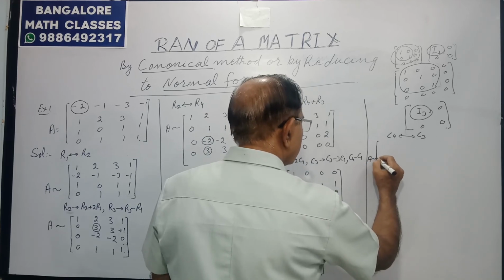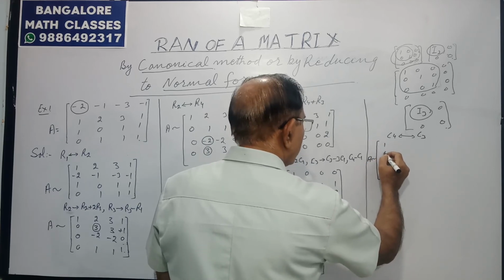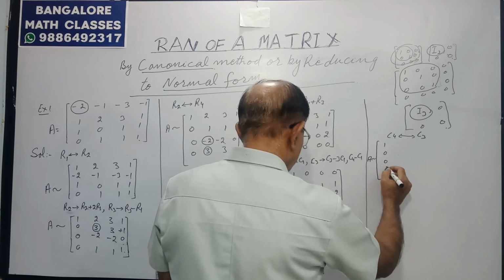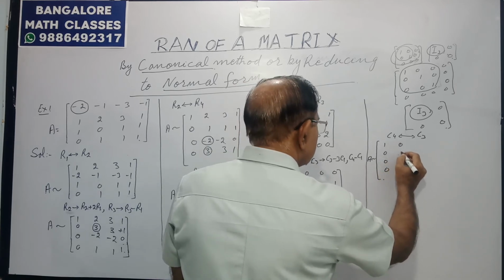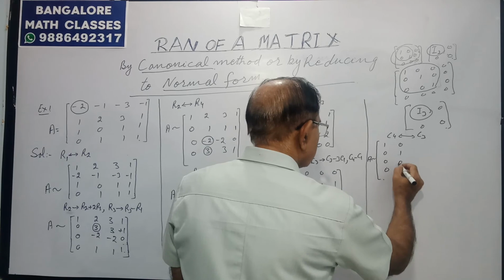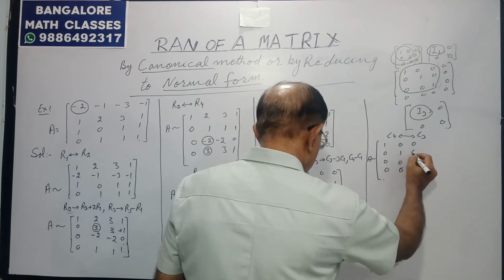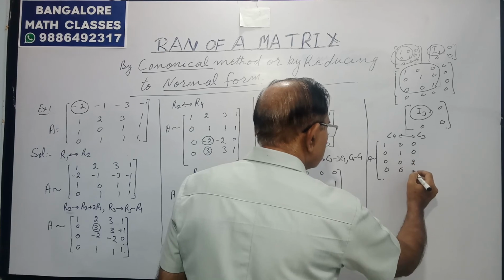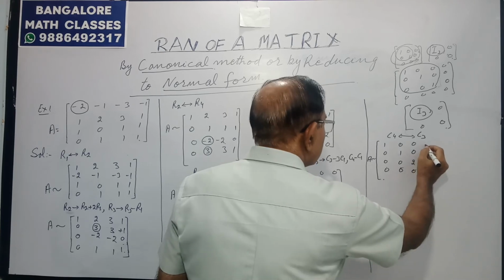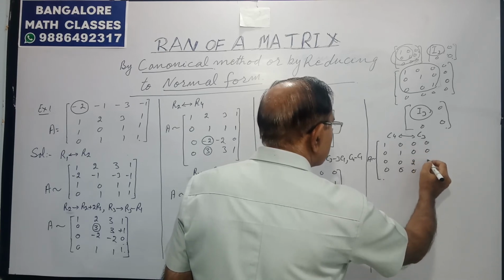A will come out to be equivalent to 1, 0, 0, 0; 0, 1, 0, 0; 0, 0, 2, 0; 0, 0, 0, 0.